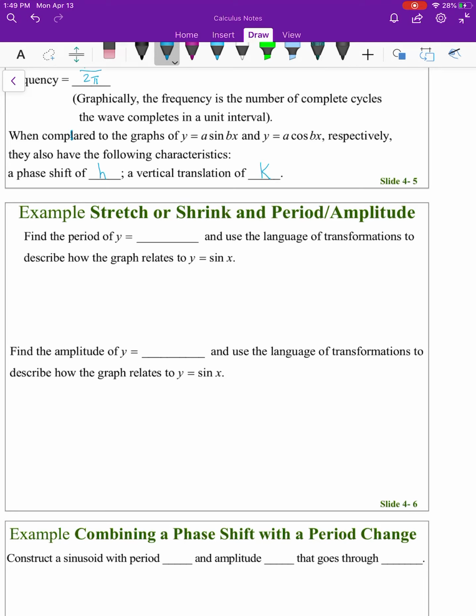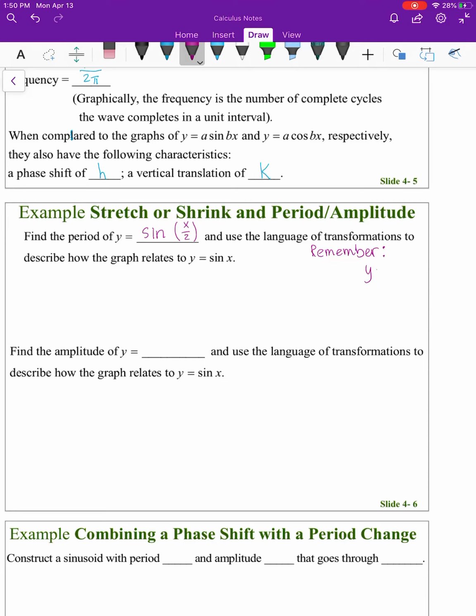All right, so now we're going to go to our first couple of examples here and find the period of y equals the sine of x over 2 and use the language of transformations to describe how the graph relates to y equals the sine of x.